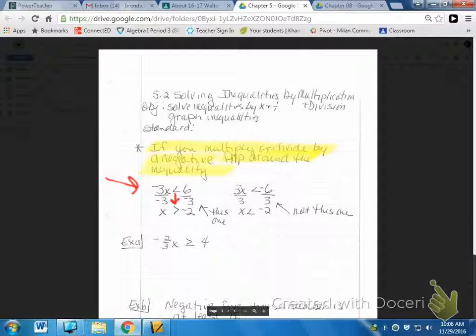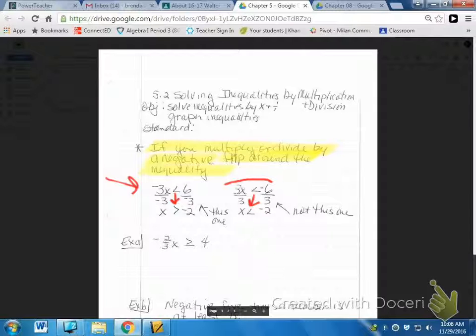And if you had 3x less than negative 6, you're dividing by 3. Not negative 3, you're just dividing by 3. Then you don't flip it around. Okay, do you see the difference in those two? The number with the variable, the one that you are moving to the opposite side, if it's negative, that's when you flip it around. Not just because there's a negative in the problem. That has nothing to do with it.